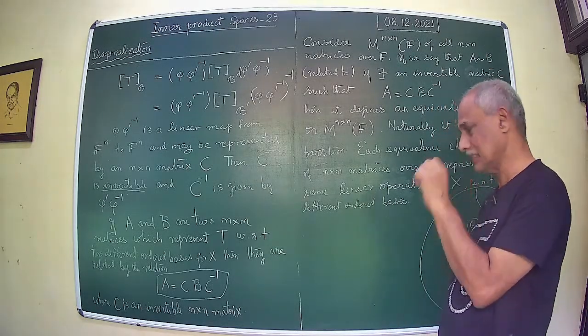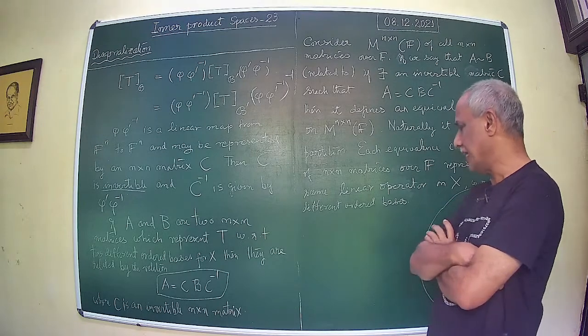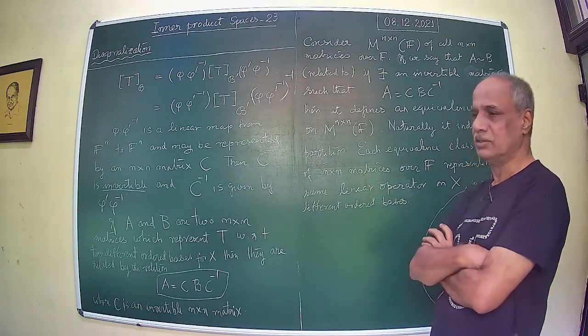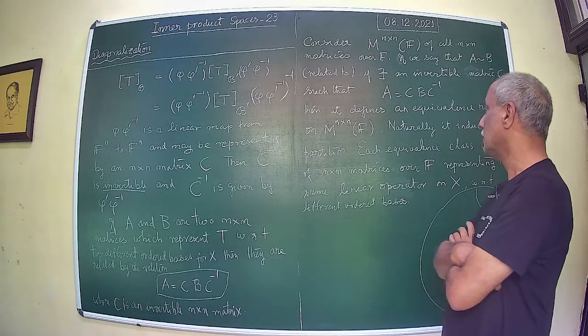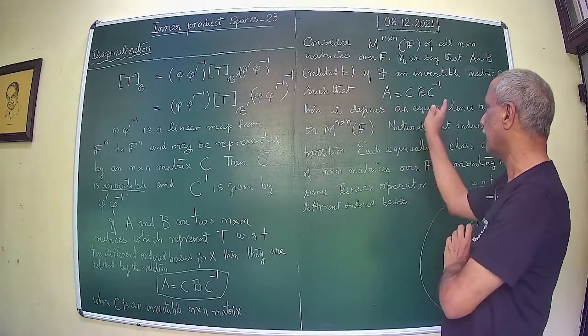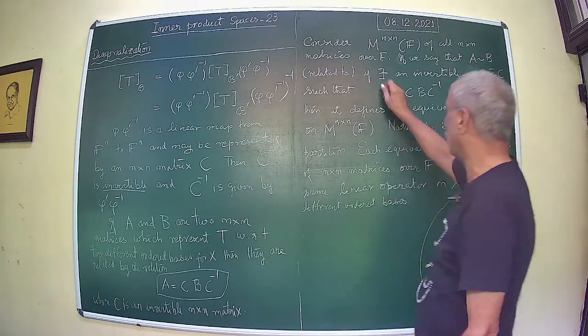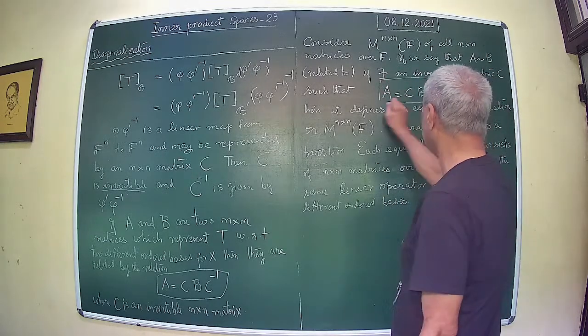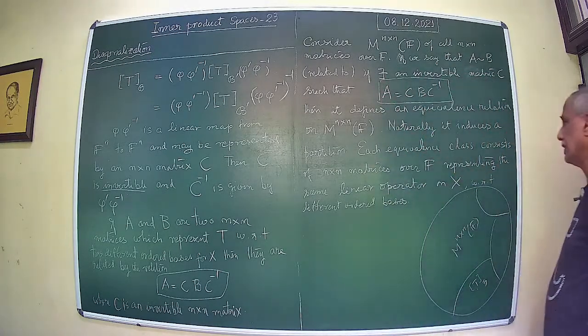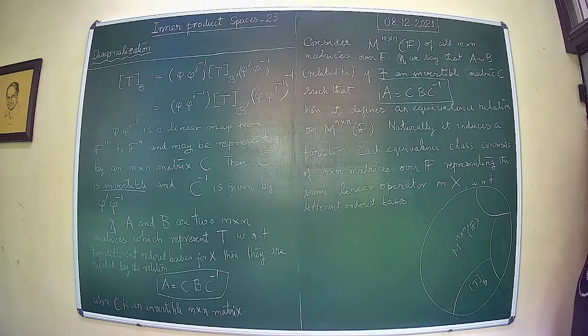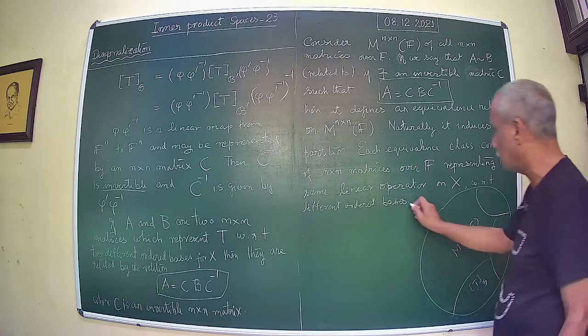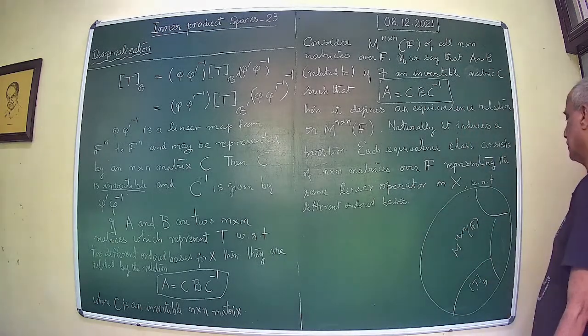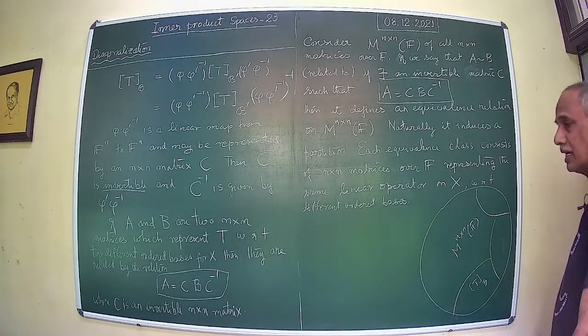That is the first finding. Secondly, they are all related through a similarity transformation of the type A is equal to C B C inverse, where C is invertible.